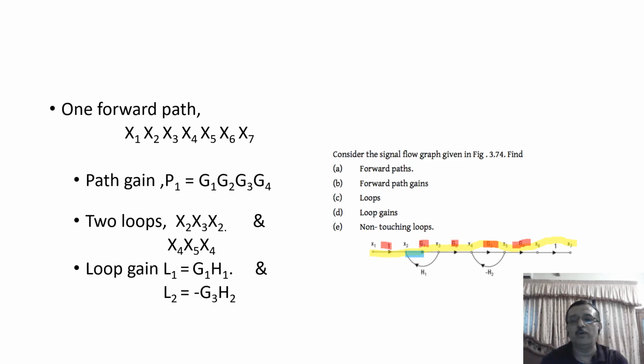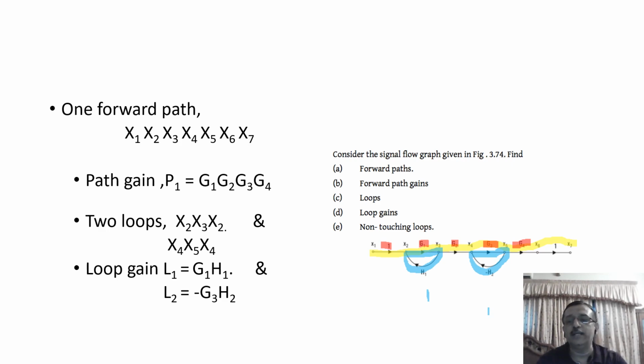We know about loops. In the last part also we saw the loop. This is one loop. This is the other loop. So there are 2 loops. What is the loop gain? For this loop, the loop gain is G1 H1, and for this loop it is G3 minus H2.